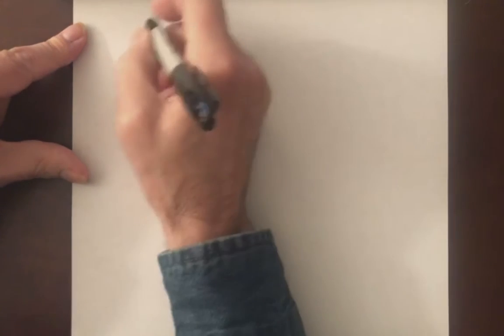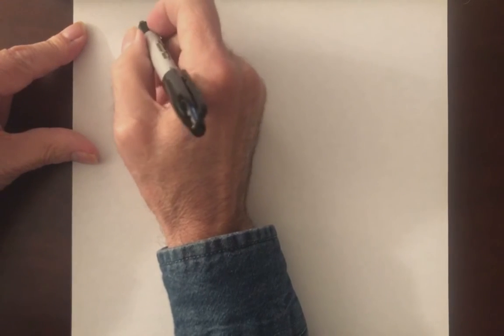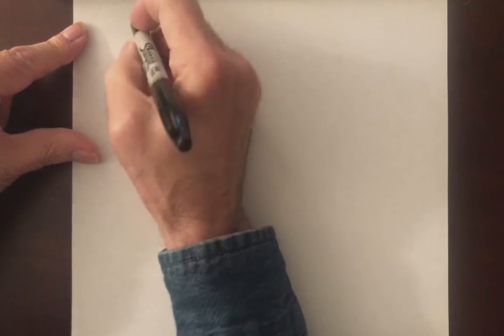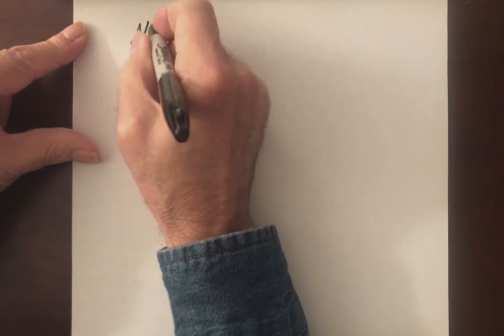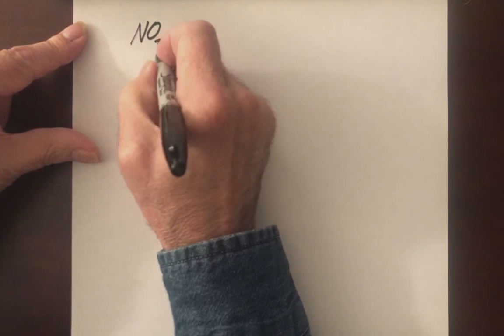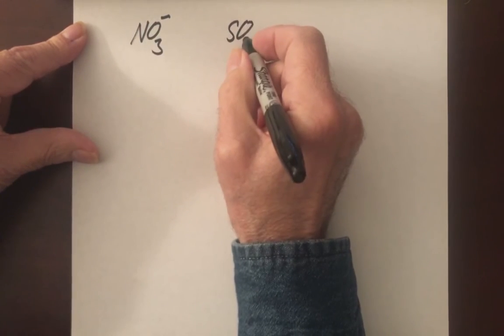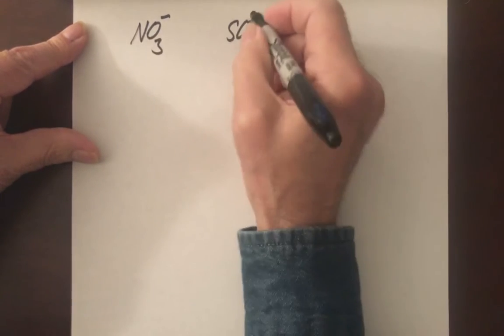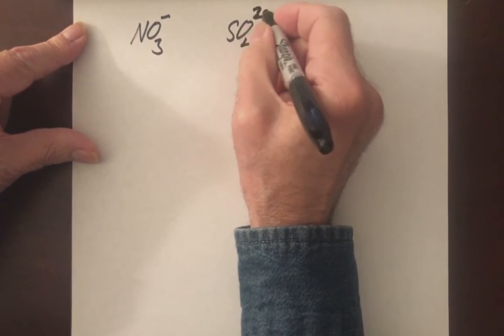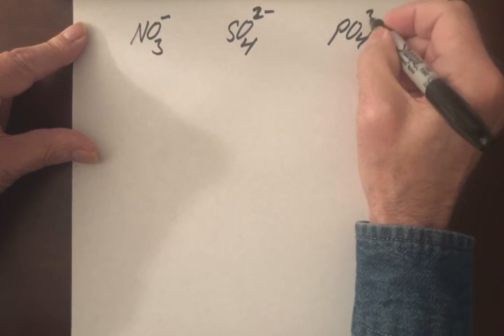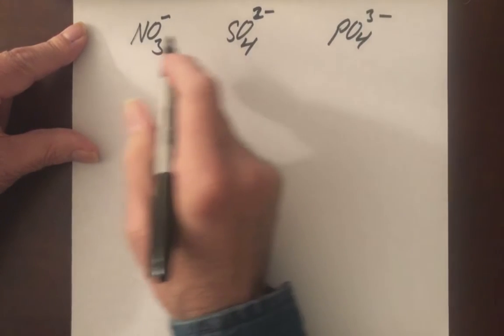Okay, let's look at oxyacids. Oxyacids are the case where the hydrogen will be bonded to an oxyanion. And just to remind you what an oxyanion is, it's simply a polyatomic ion that has oxygen in it. So nitrate, sulfate, phosphate, all of these are oxyanions.